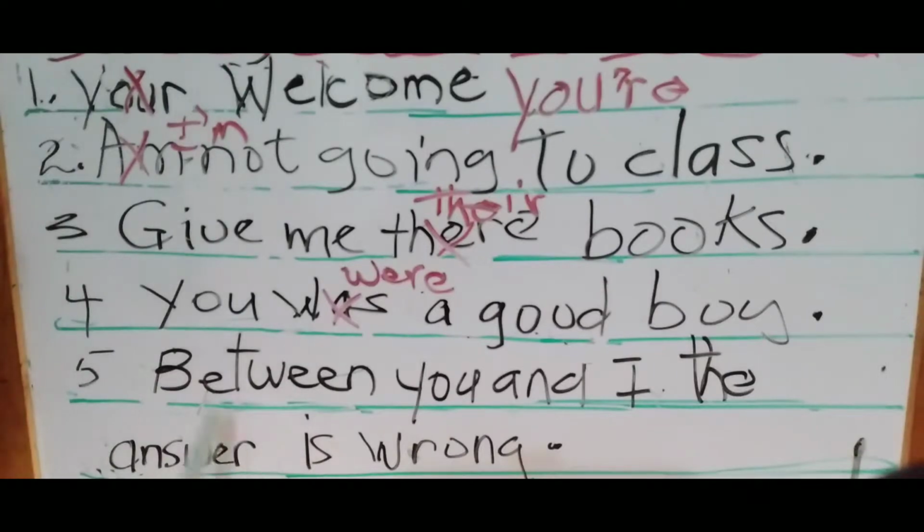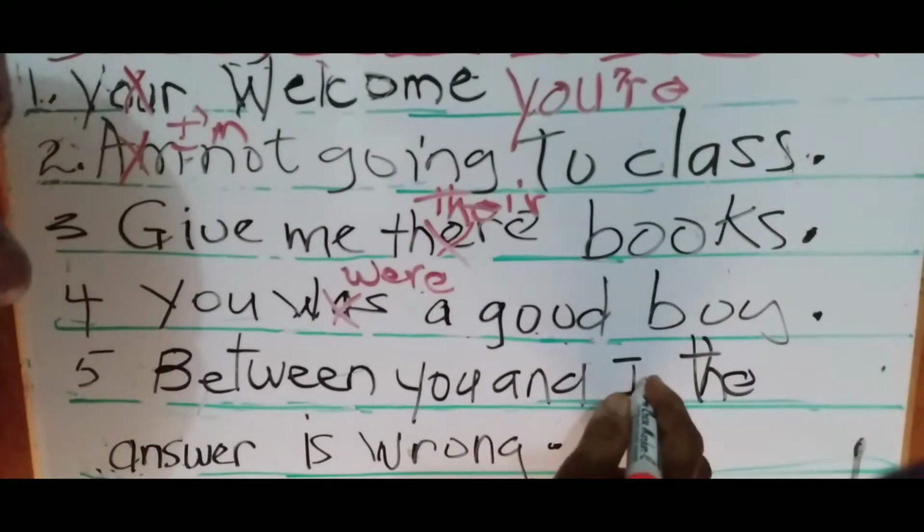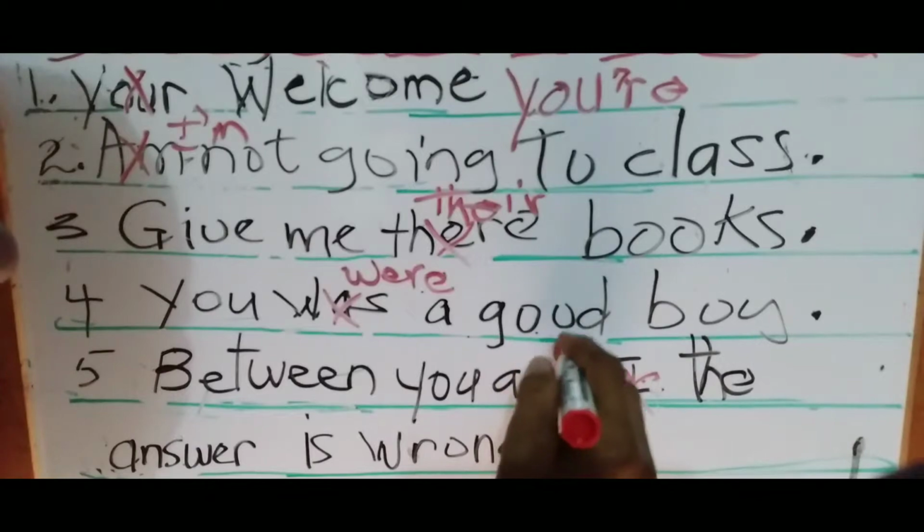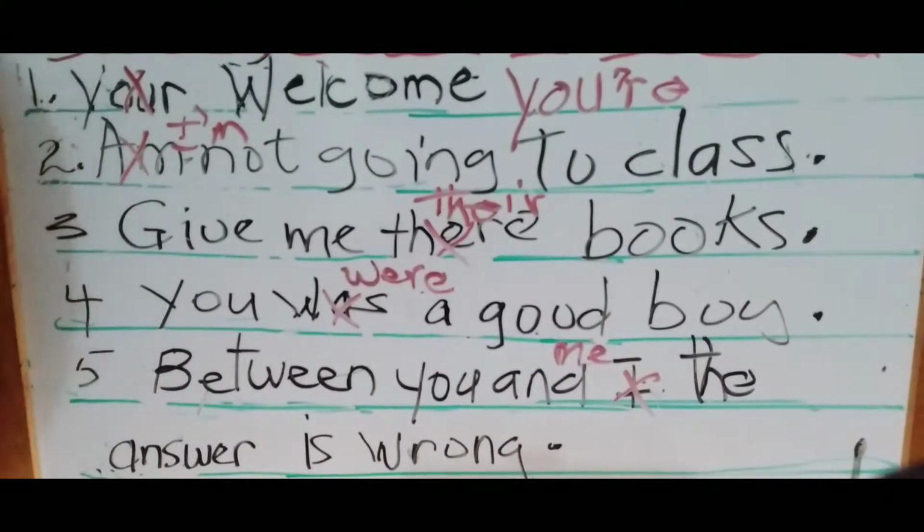Well, you never say between you and I. Always say between you and me. So I is incorrect. The correct thing to have is me. All right, so let's move on to some others.